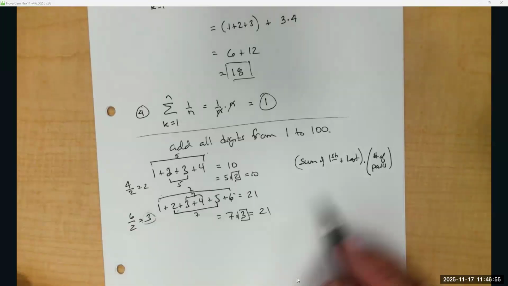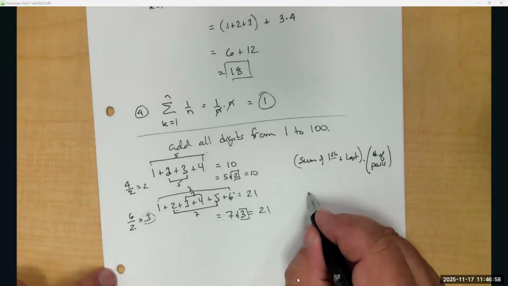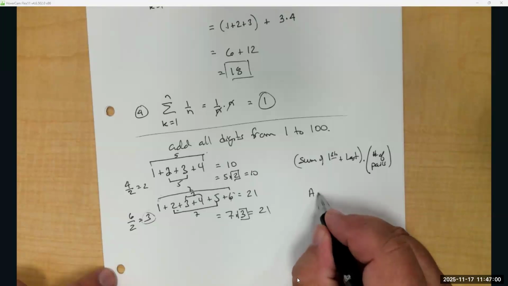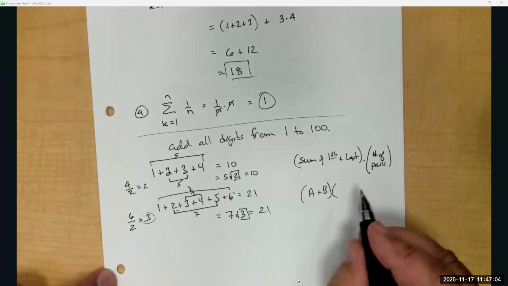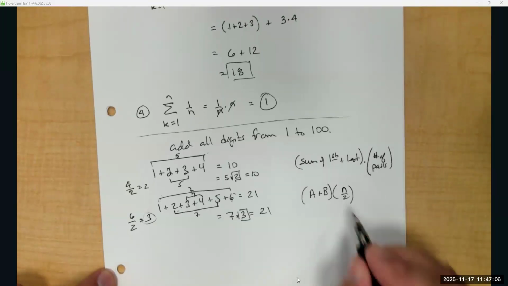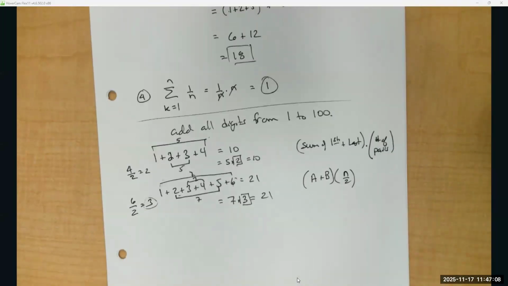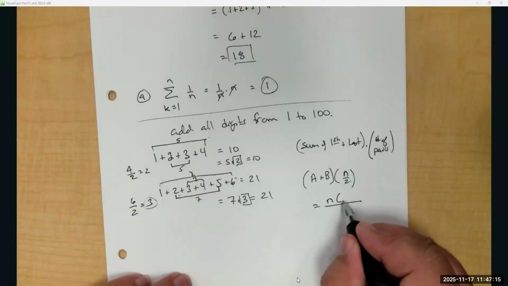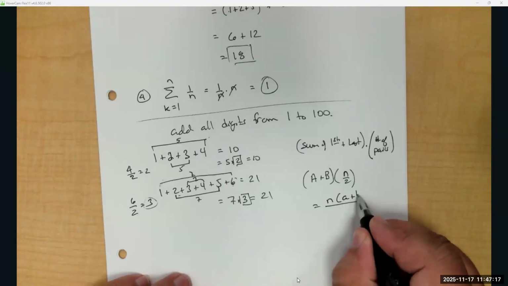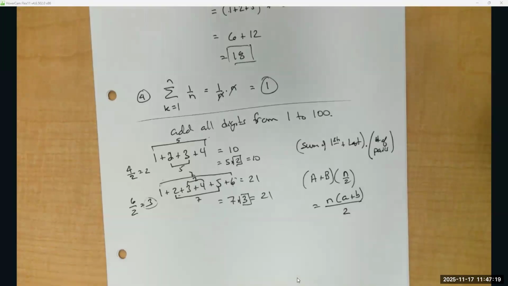How do we do that? We have the first and the last. So A plus B, and then n divided by 2. Which becomes n times A plus B over 2.